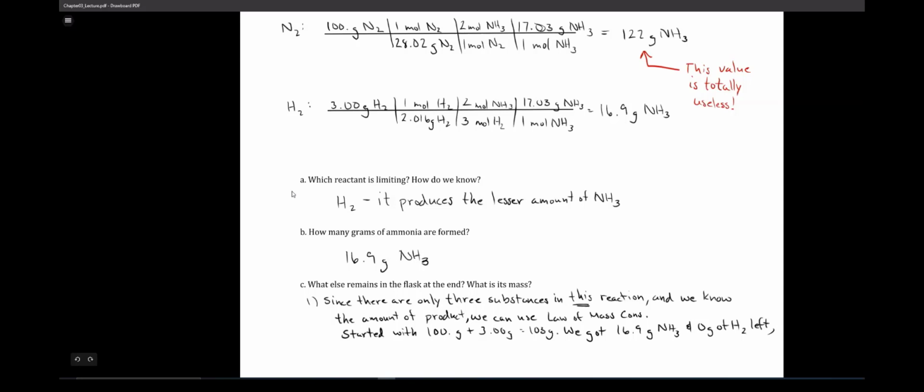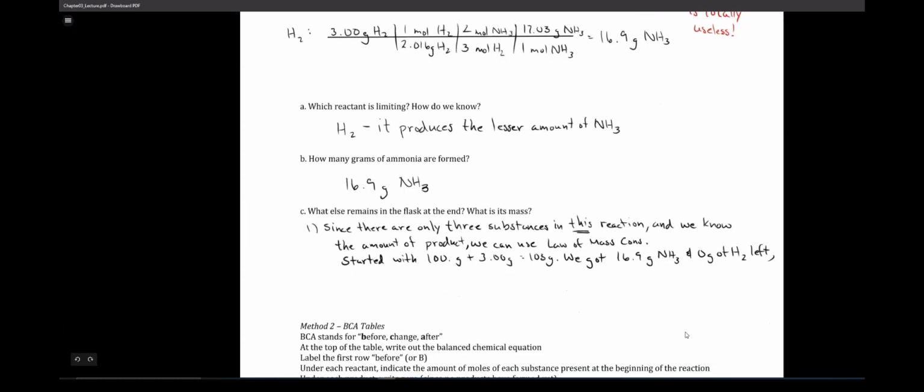How do I find the amount of nitrogen left over? I started with 103 grams. I have to end with 103 grams. You subtract 103 by 16.9. Exactly. So 103 minus 16.9, which is, what is it, 86?